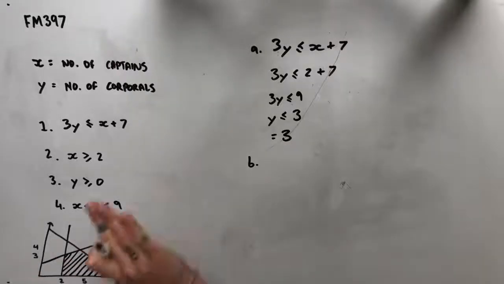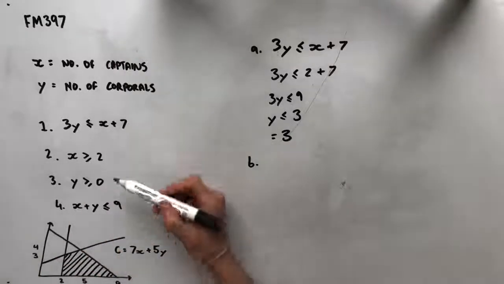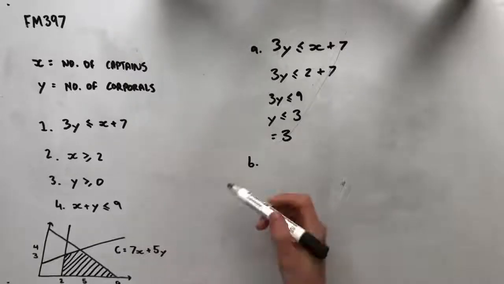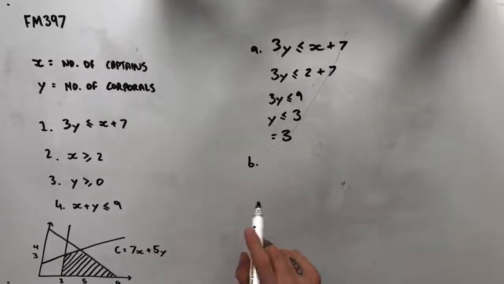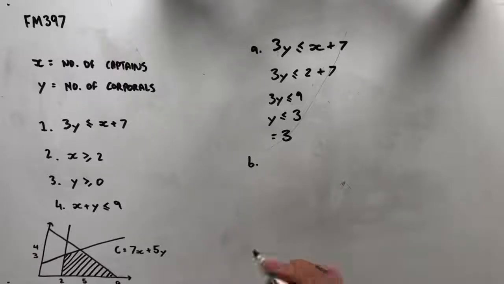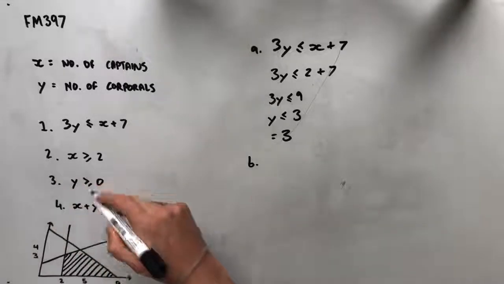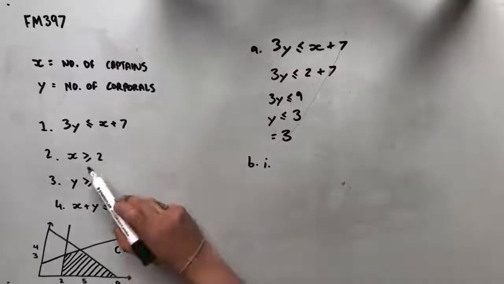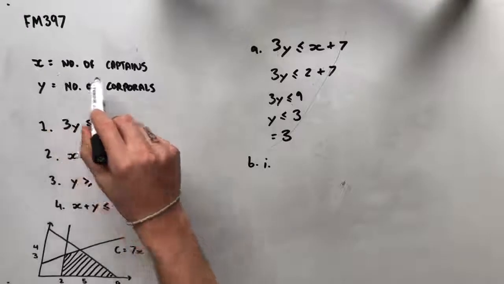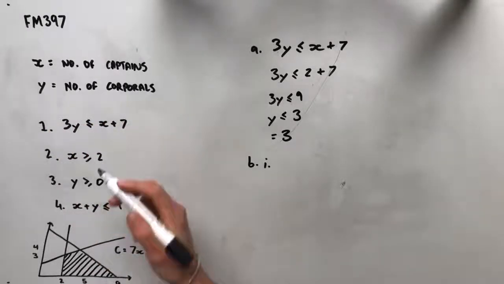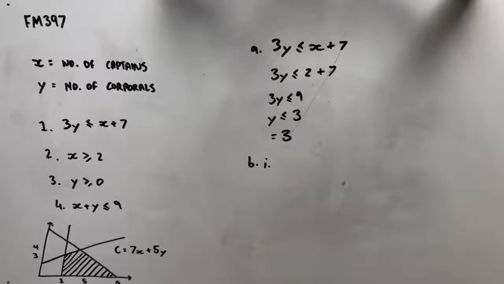We're then told about 3 more constraints. So we've got constraint 2, constraint 3, and constraint 4. B says to interpret these 3 constraints in terms of the number of corporals and the number of captains required to guard a wall. So if we start with maybe constraint number 2, well, we've got an x here, which should be the number of captains. So the number of captains should be greater than or equal to 2.